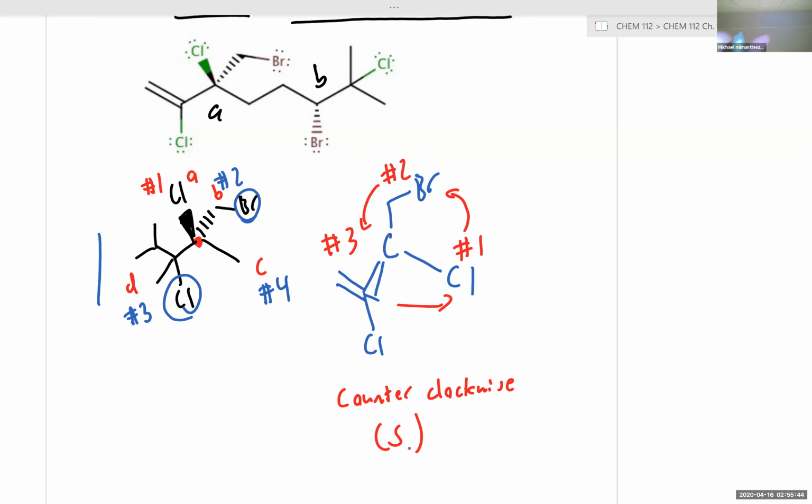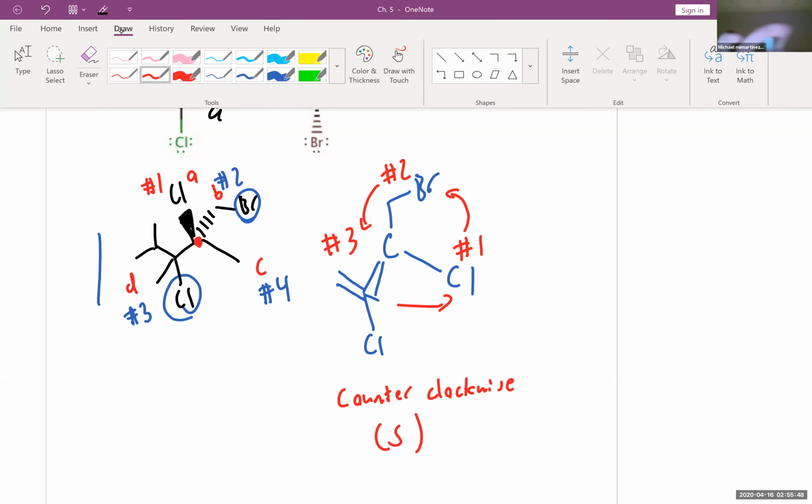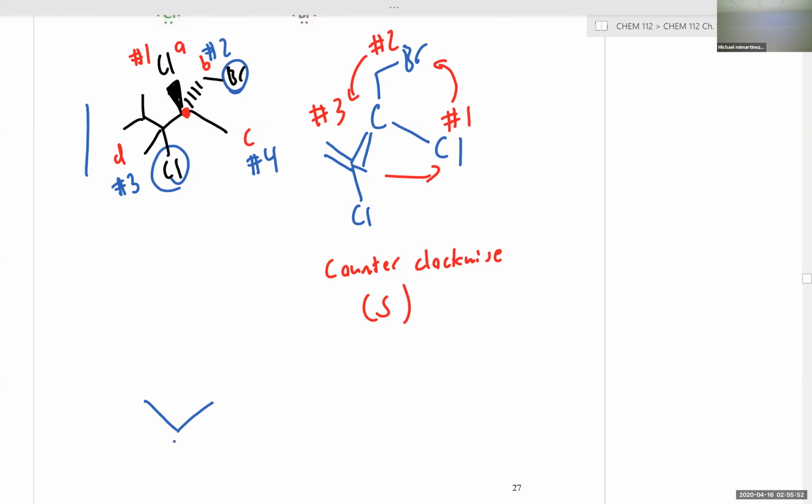Okay, let's take a look at our second stereocenter. So I'm going to draw the simplified form. Let's take a look at this second stereocenter from the perspective of our model kit.